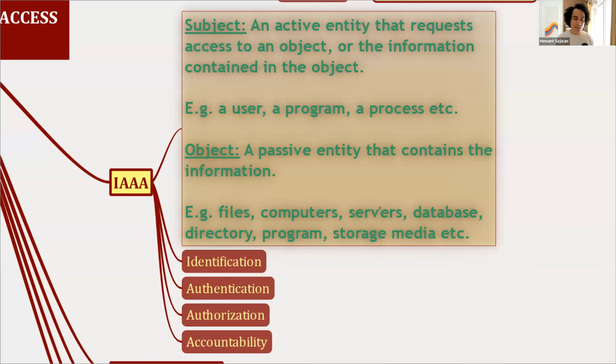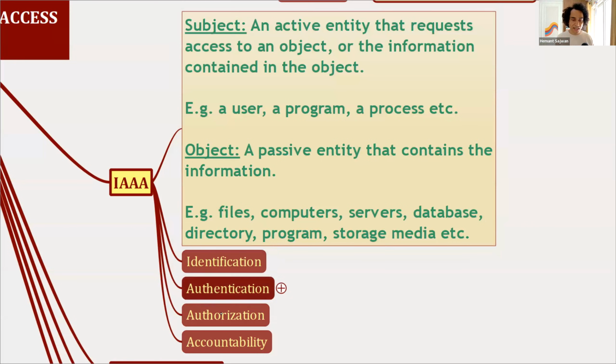And now let's understand these terms: identification, authentication, authorization, and accountability. First, we have identification. What is identification? Now, if there is a resource and that resource can be accessed by anybody, you don't care who accesses that resource, it's a public resource, then you really don't have to apply identification. But that is because you don't care who is accessing it, right?